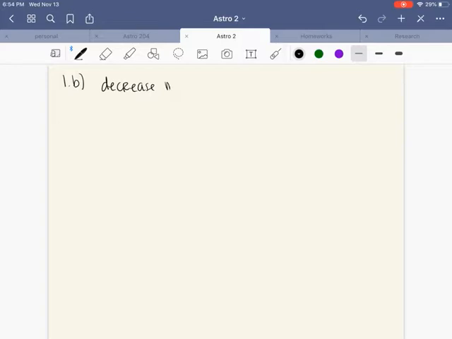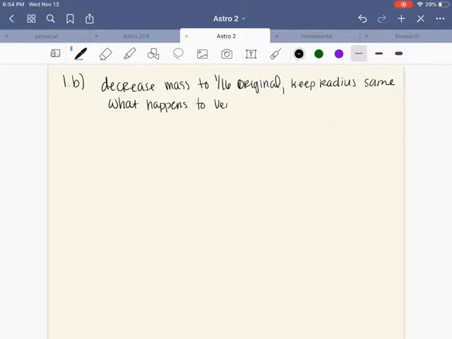So we decrease mass to 1/16 original, but we keep the radius the same. And then what happens to escape velocity?